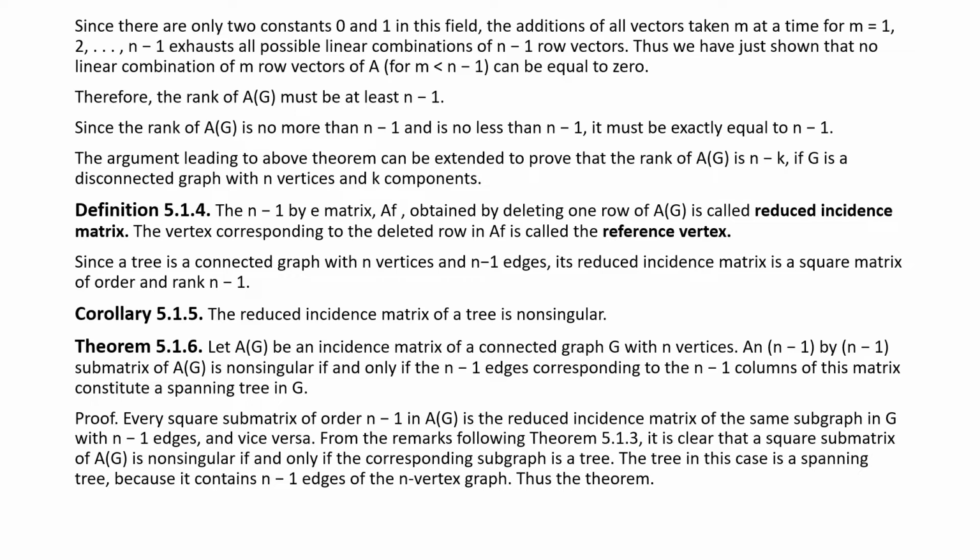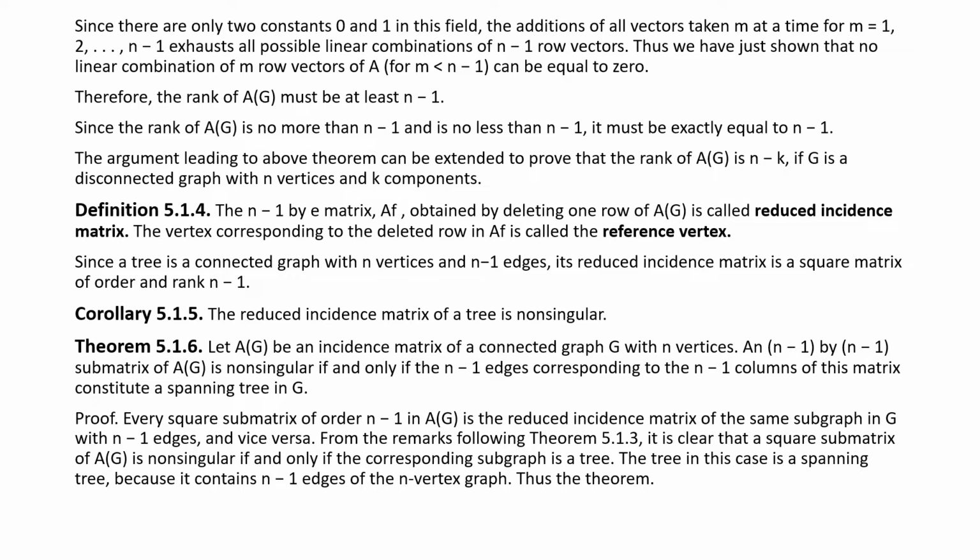Next theorem. Let A of G be an incidence matrix of a connected graph G with n vertices. An n minus 1 by n minus 1 submatrix of A of G is non-singular if and only if the n minus 1 edges corresponding to the n minus 1 columns of this matrix constitute a spanning tree in G. Proof.